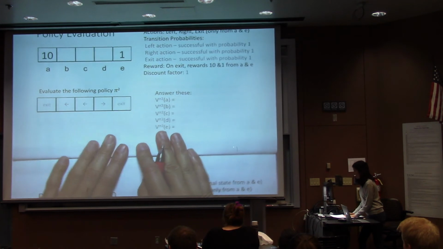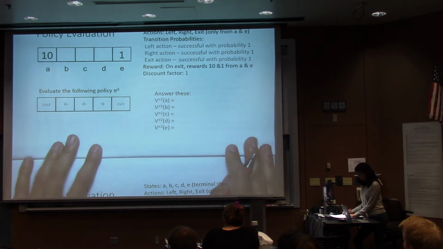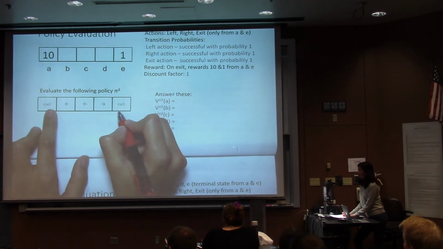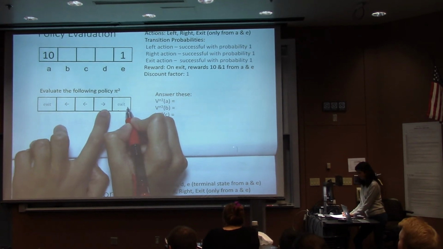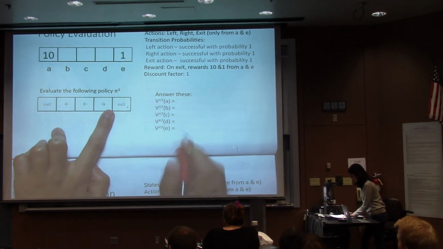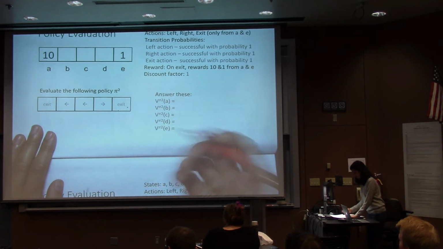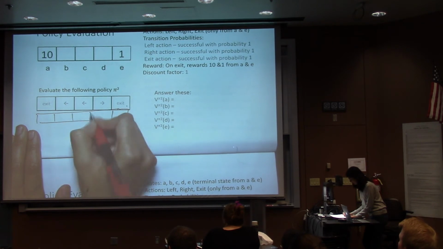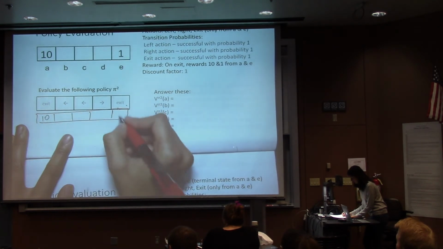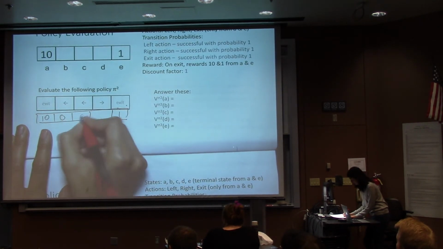Okay. So let's look at another example. Here you're taking actions exit, exit, and then right, right, and left. Sorry, left, left, and right. And same method. You start again, and you see that this is the reward here, and for the rest it is 0.